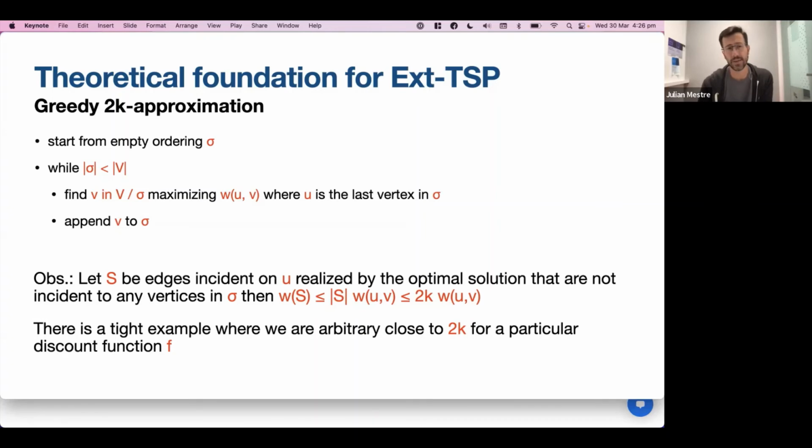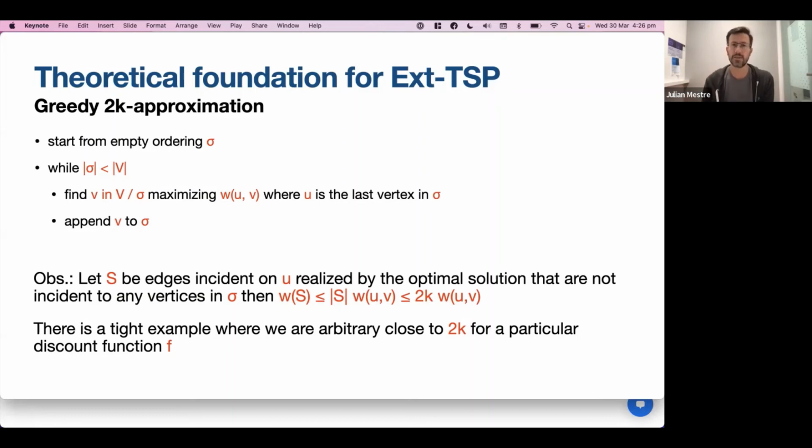You append it and you keep moving on. And interestingly, this is the algorithm that was originally proposed for block reordering. So this was the algorithm that was used basically before Ext-TSP was proposed.